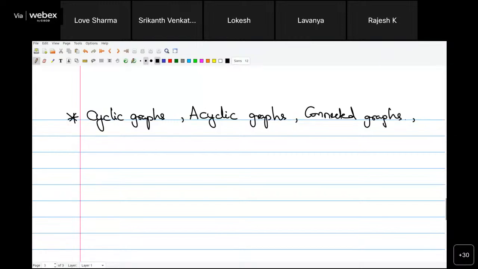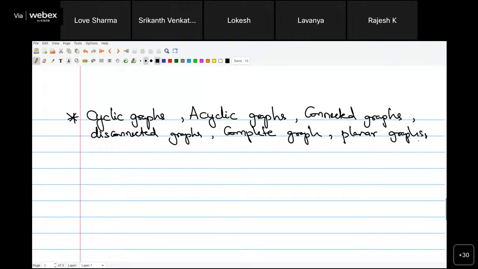Each one has a different definition, and if a graph satisfies that definition, it will fall into that class. So connected, disconnected, complete graph, planar graph. So like this. Then there are trees. Trees also I will cover. But if you are interested, you just go and look.